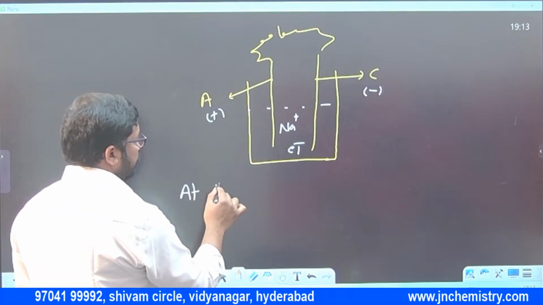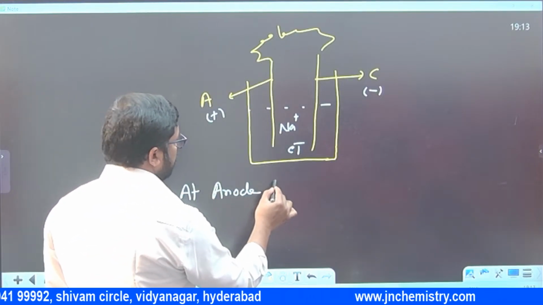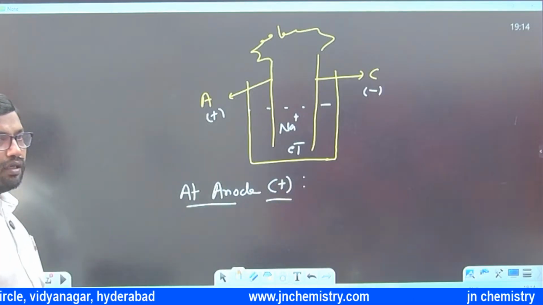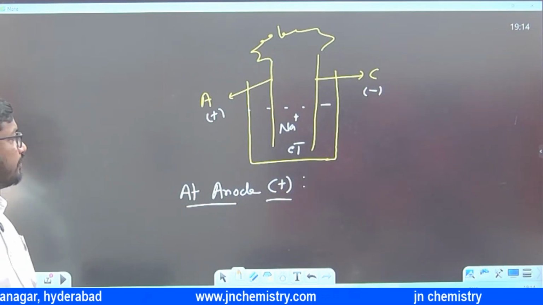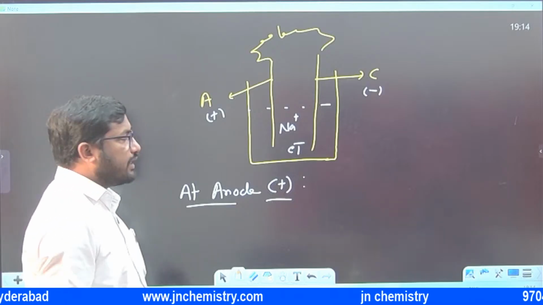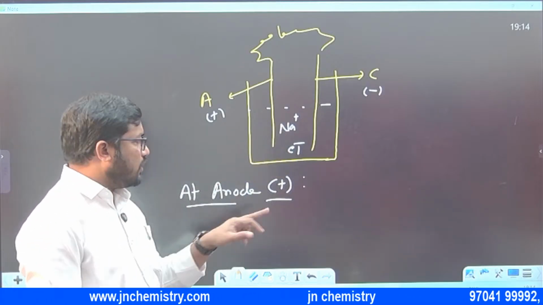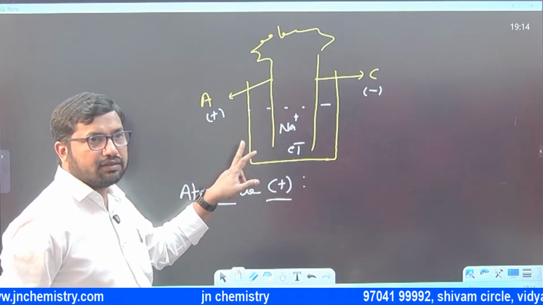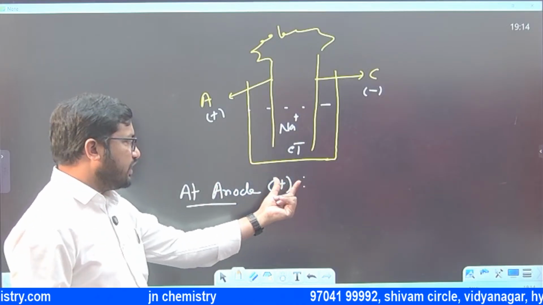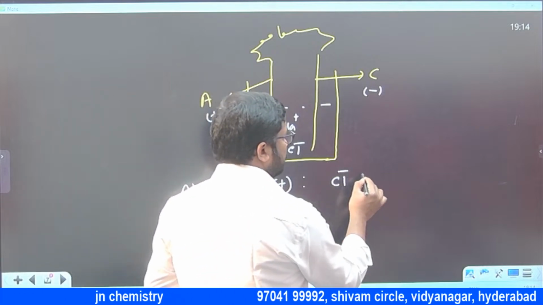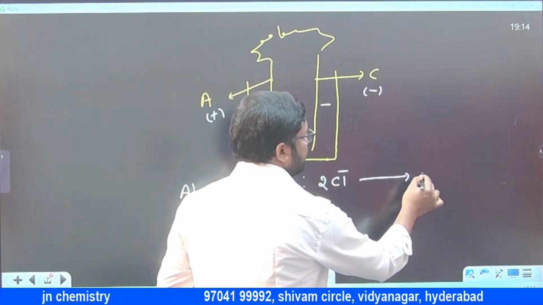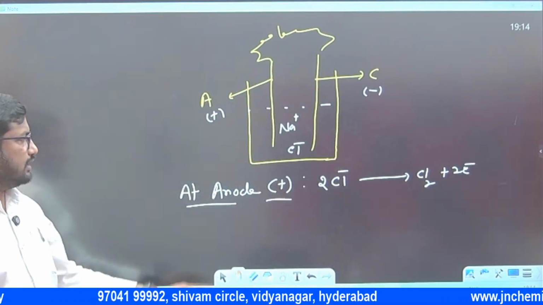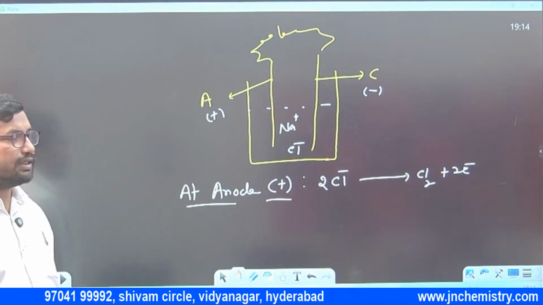Oxidation. Which one is coming here, Na plus or Cl minus? Opposite charges attract, obviously, so Cl minus. 2 Cl minus gives Cl2 plus 2 electrons. Removal of electrons takes place. This is the oxidation reaction at anode.